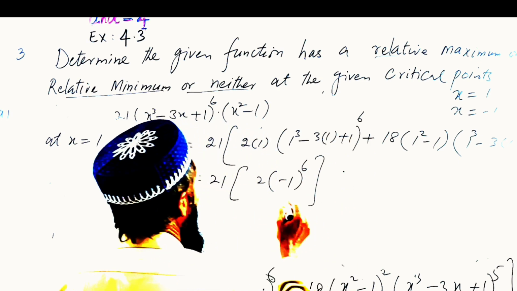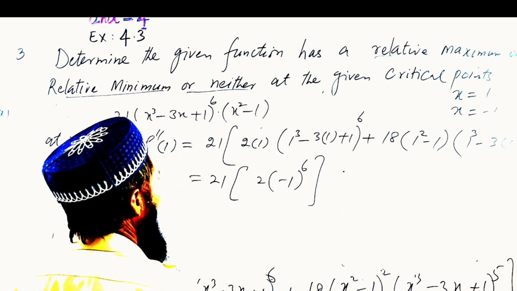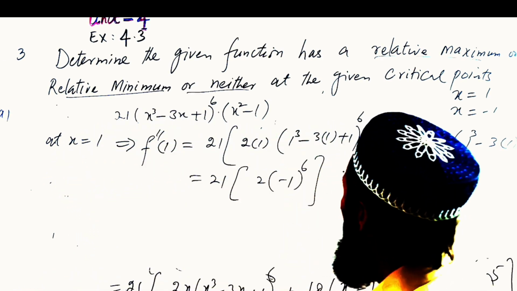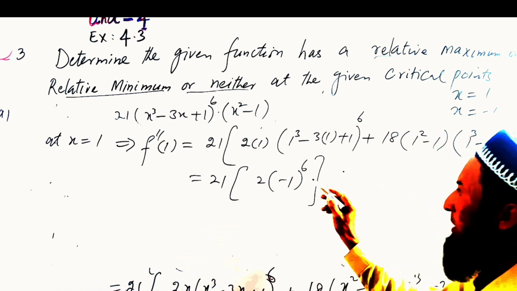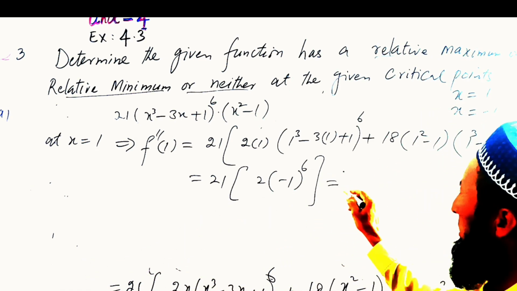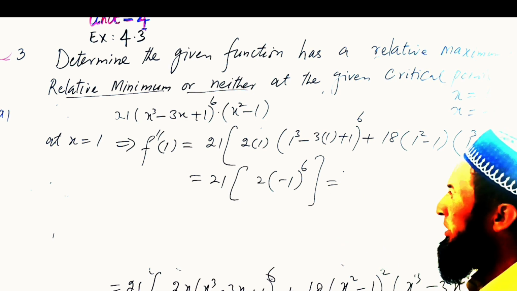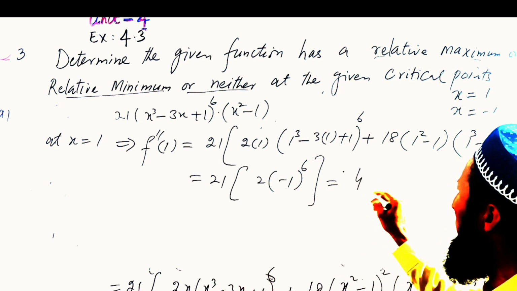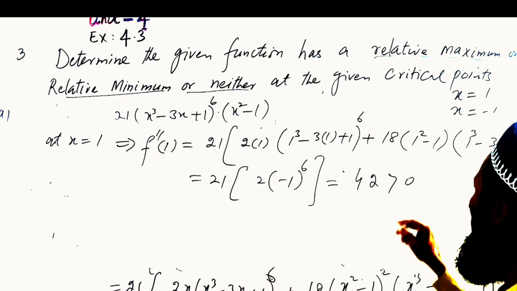So we get a positive result, 2, because the exponent is an even number, so we get positive 1. 21 multiplied by 2 is 42, and 42 is greater than 0.